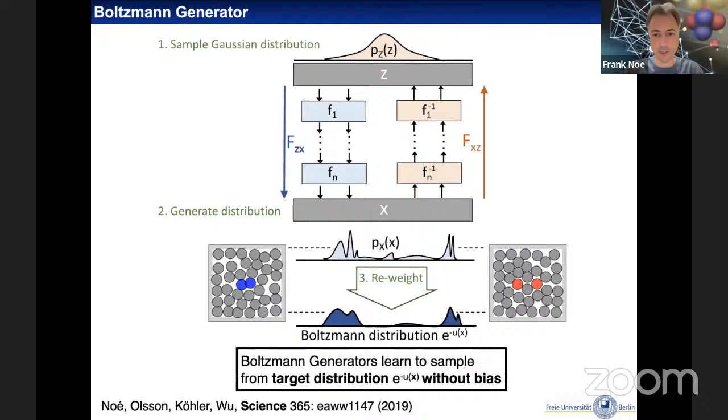Basically, the Boltzmann generator takes a flow to generate an approximate density and reweights that in some way so that we then get asymptotically the exact density. And two things need to be said here, just to reduce the expectations a bit of what we can do with it. First, you do not solve the sampling problem in all of its aspects here.